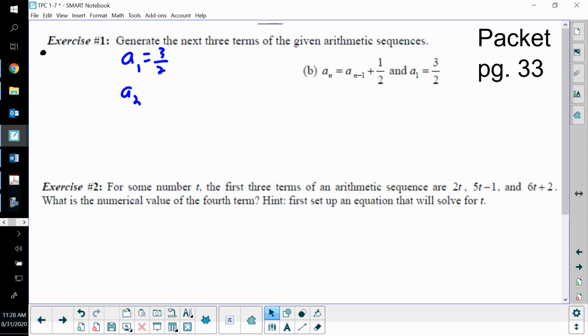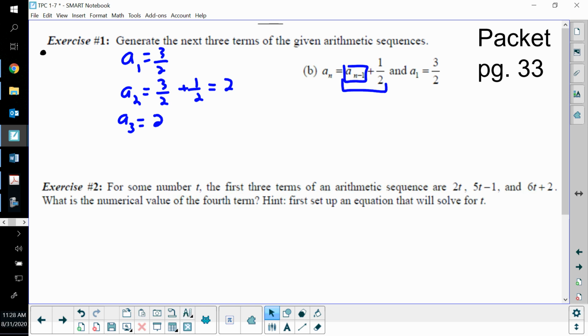So to find a2, we're going to be using this setup here. Remember, a n minus 1 just means the previous term. So we're going to start with the 3 halves that was our previous term, plus a half. So that's going to give us 4 halves, which is the same as 2. So that's our next term. We got to do 3 more. So a3, again, this is saying do the previous term and then add a half.